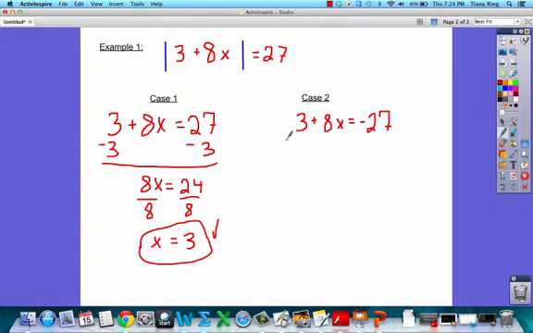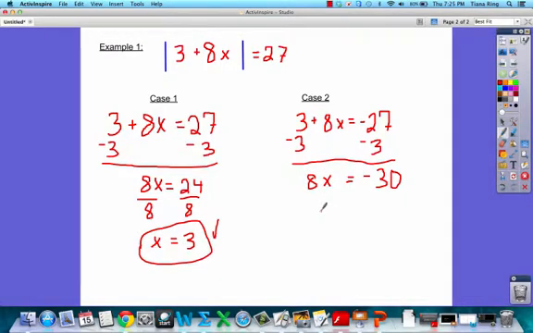So the first step is still the same. We're subtracting 3 from both sides. But in this problem, since both of those numbers are negative, this is going to remain negative, and we're going to add the numbers. So 27 plus 3 is 30. Okay, so this equals 8x.